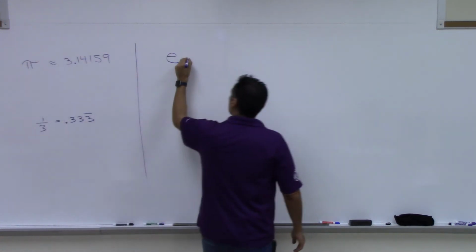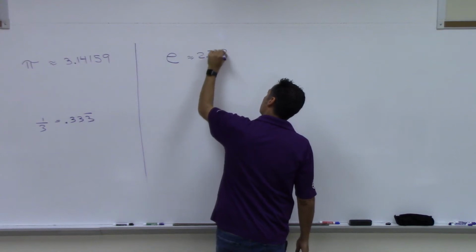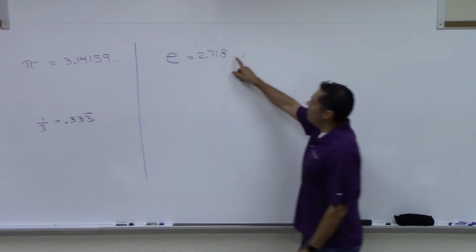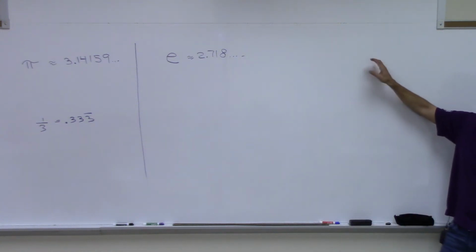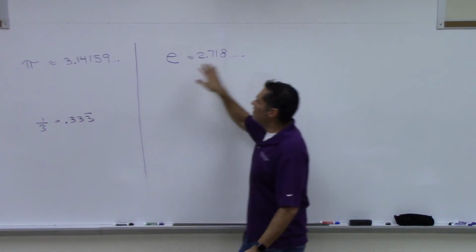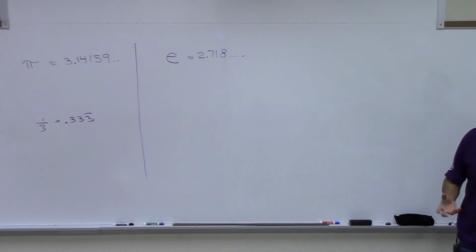And this number e is approximately 2.718, and it keeps going on forever. This keeps going on forever, and there is no pattern to it. All right? It is another example of an irrational number. This is a very important number when it comes to exponential functions.